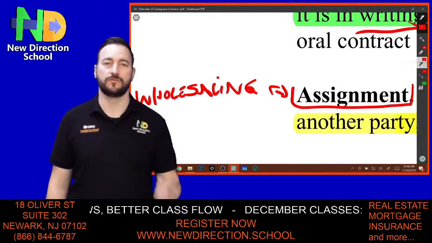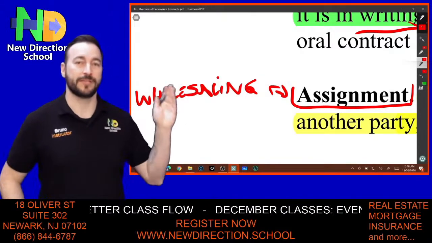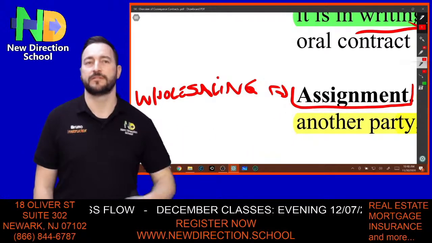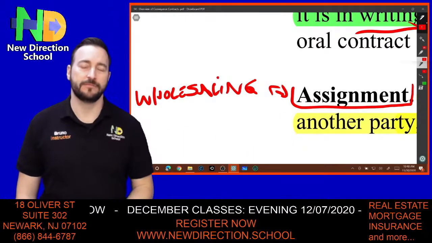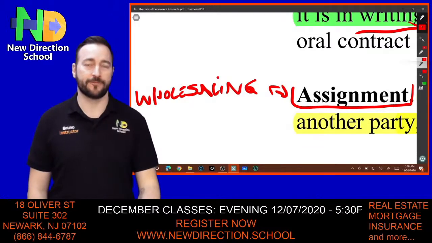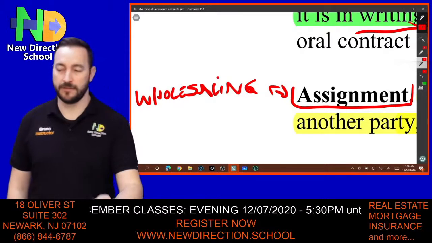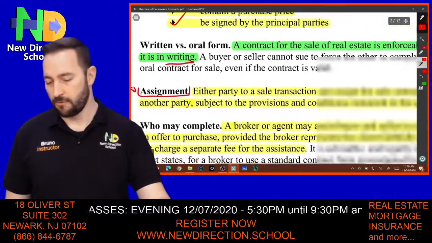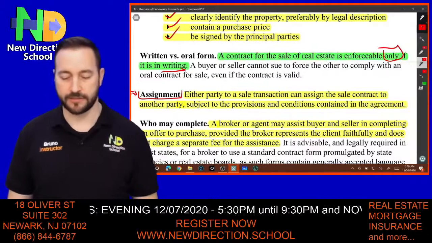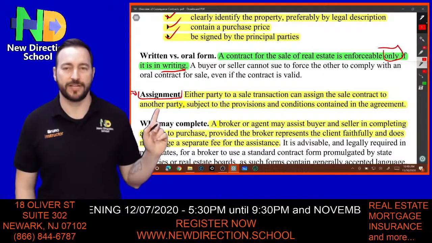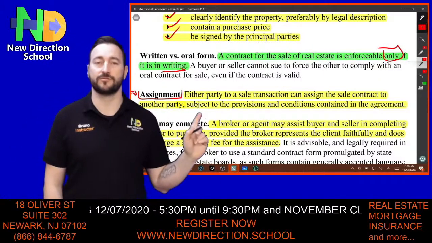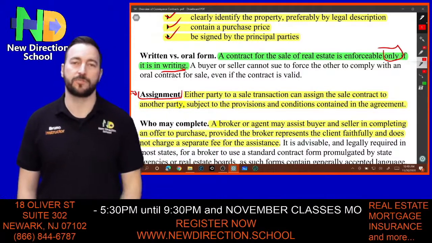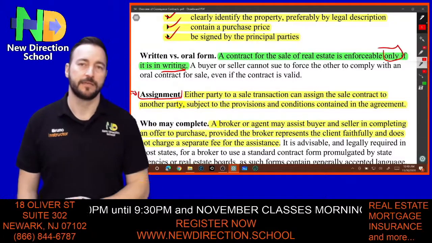What makes it legal for wholesaling to exist for people without a license to make money off a transaction is an assignment. I put an offer on the property, and because I put an offer, I'm a party to the contract. Once I'm a party to a contract, what I'm doing is transferring or assigning the sales contract to another party. That means the other party has the right to purchase, but also has the obligation to purchase. Okay?